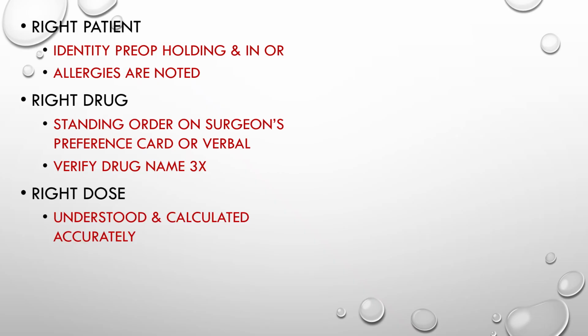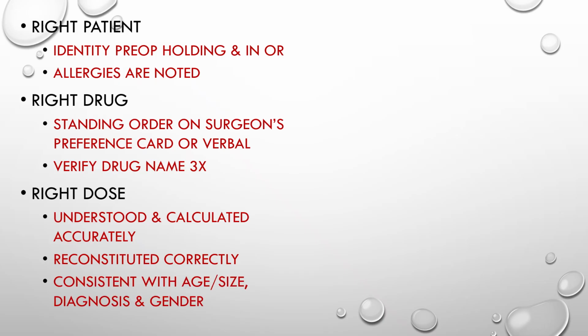The right dose, so making sure that it's understood, especially if it's verbal, not only that it's the right drug that's being used, but what dose is being asked for, and then calculating that properly. Reconstituting it. So again, that's if something is a solid and we need to turn it into a liquid. So we need to add water or some kind of liquid to it, then we're adding the right amount.